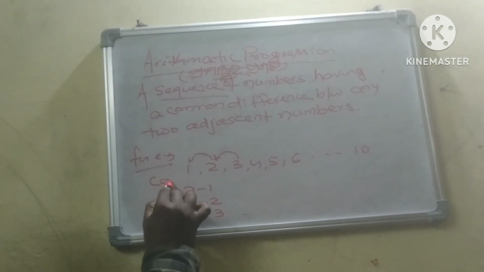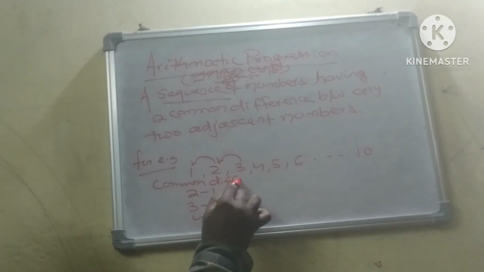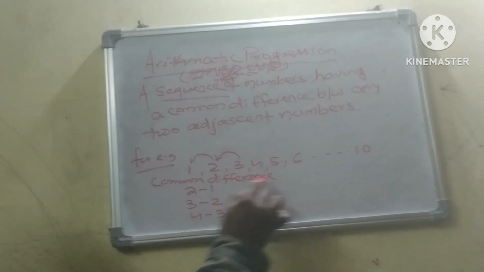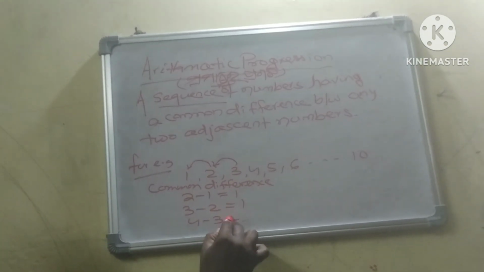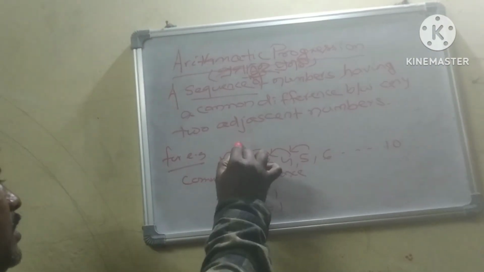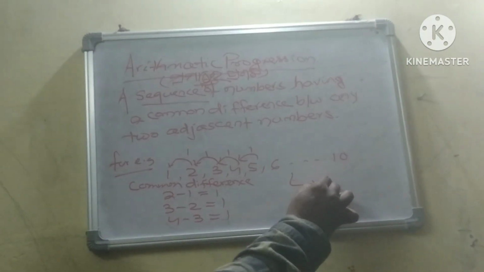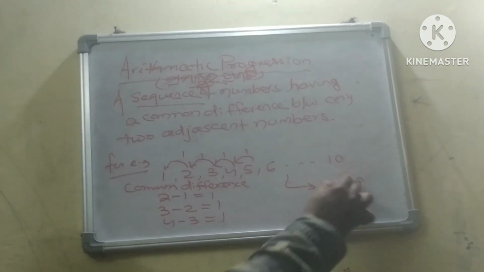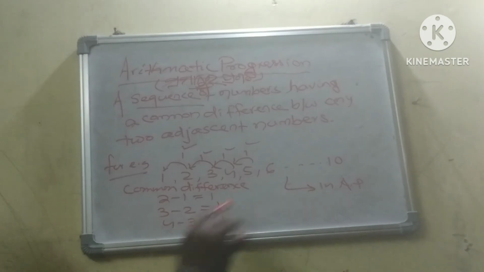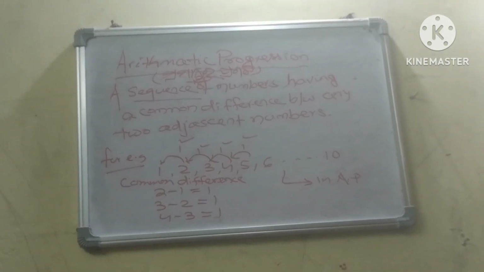Common difference is 1. If the common difference between two adjacent numbers remains the same, 1, 1, 1, 1, then it is in AP. Otherwise, if you do not find the same common difference, then it will not be in AP. Do you understand?